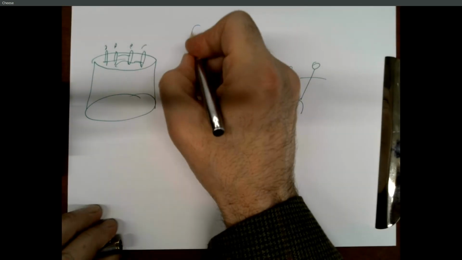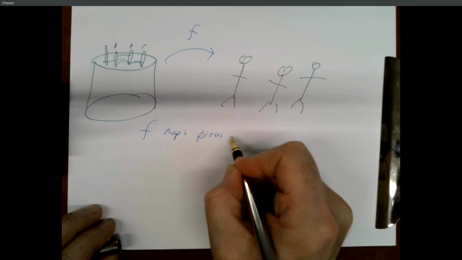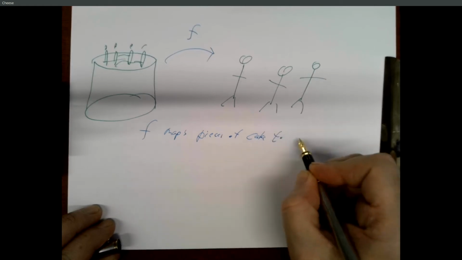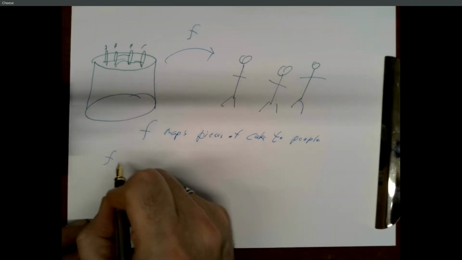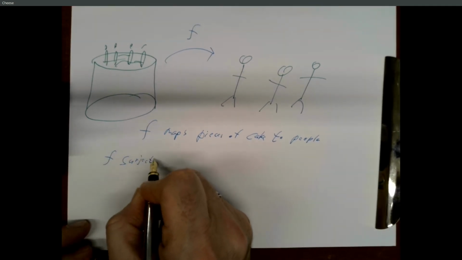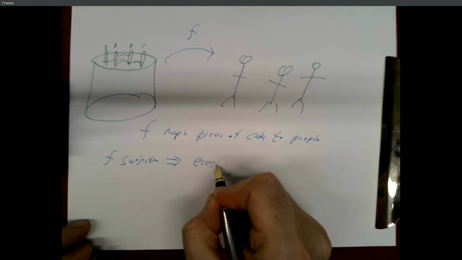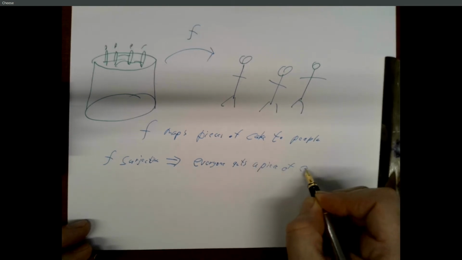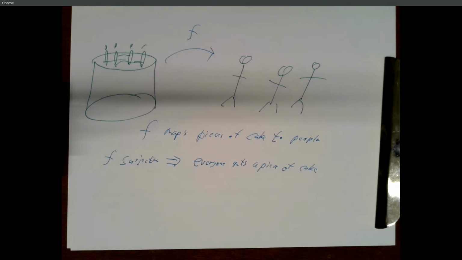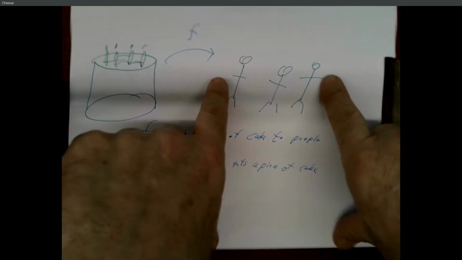So f maps pieces of cake to people. If f is surjective, that means everyone gets a piece of cake. Surjective function: everybody over here is going to get a piece of cake. In other words, f maps to every person over here.